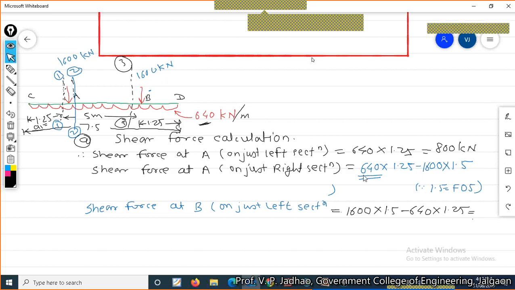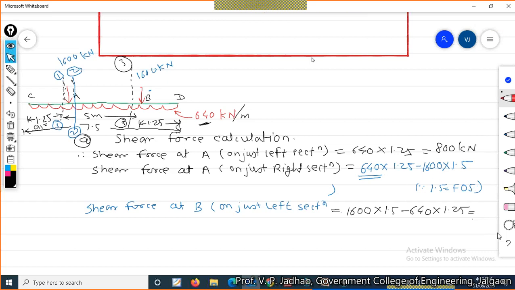Okay, we haven't calculated the value for here only. Just a minute. The shear force here, that is on just right section of this A, will be equal to 640 into 1.25 minus 1600 into 1.5.